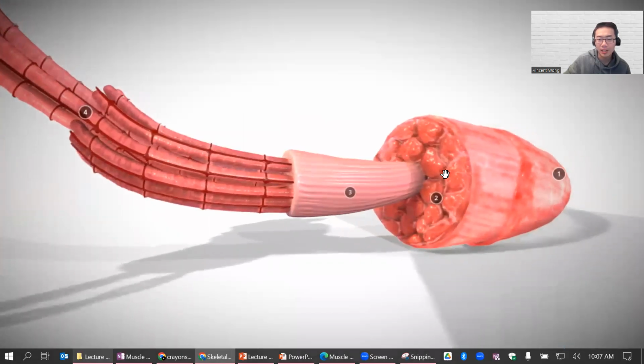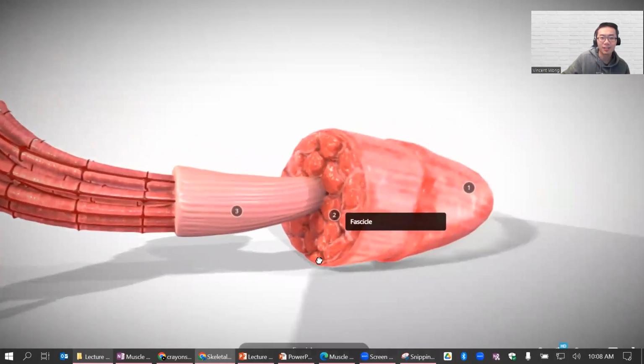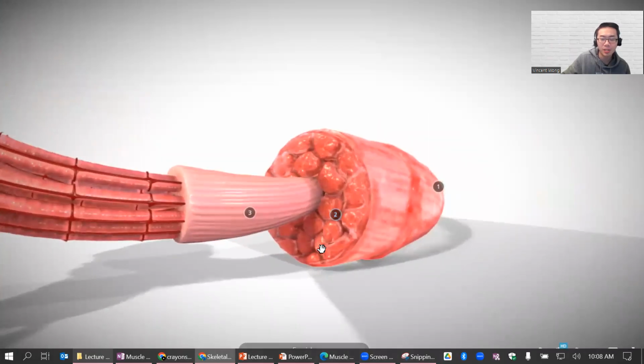And each of these little chunks here, it's not quite circular like we drew it, but it's the same idea. If I click on number 2, what's the name that's gonna pop up? Fascicle? Yes, that's the fascicle. Very good, right? So a bunch of fascicles here.